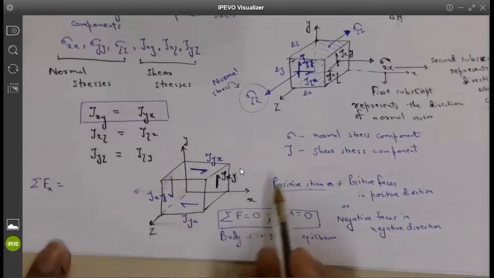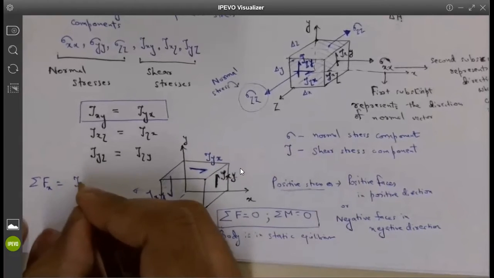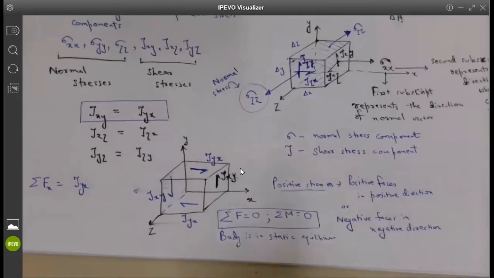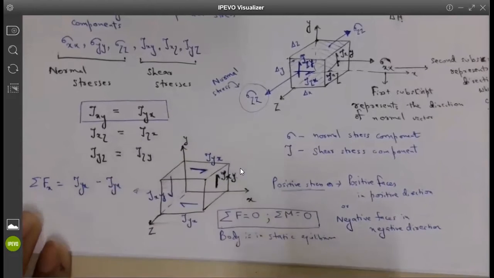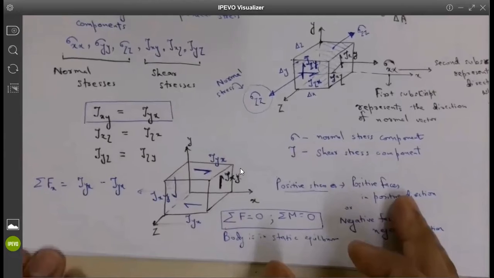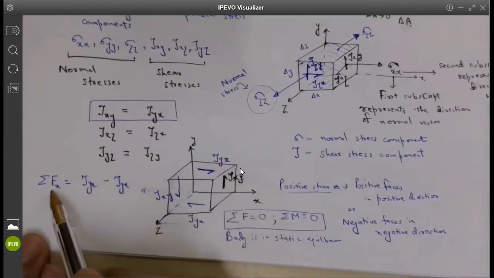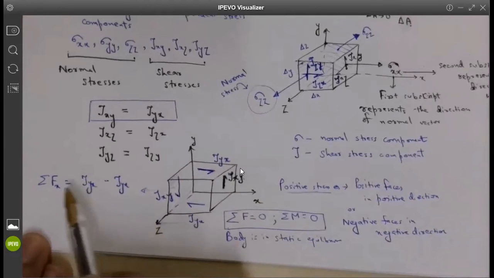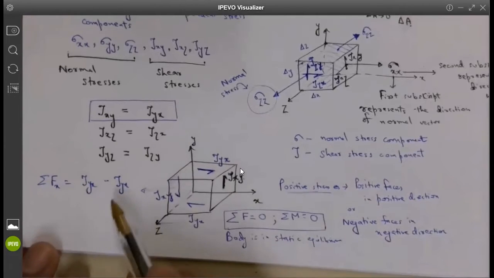So in the x direction, what would be the forces? It would be tau yx minus tau yx. So this is force and this is stress. Do force and stress have the same units? Is it dimensionally correct? No. So what is missing then?